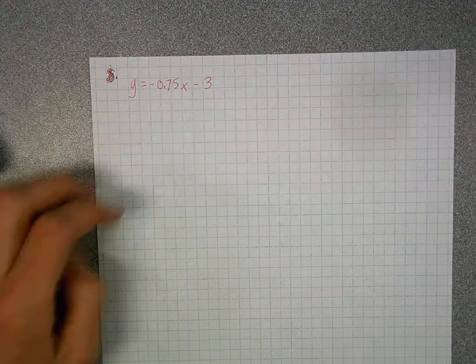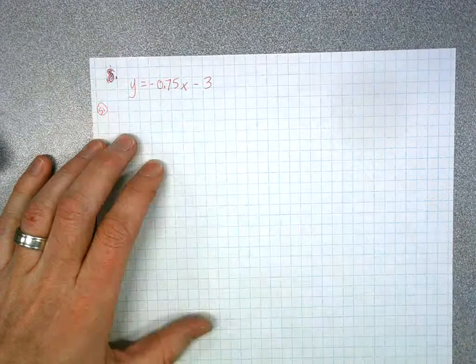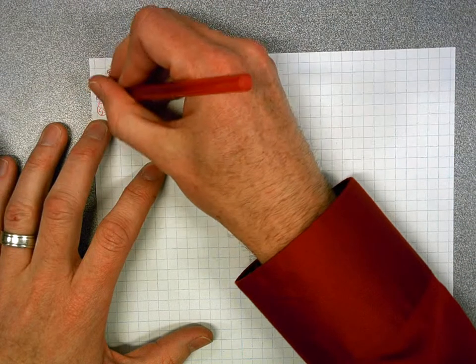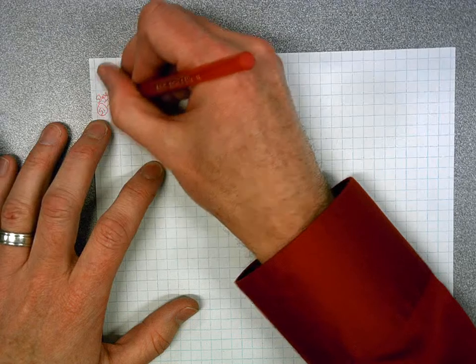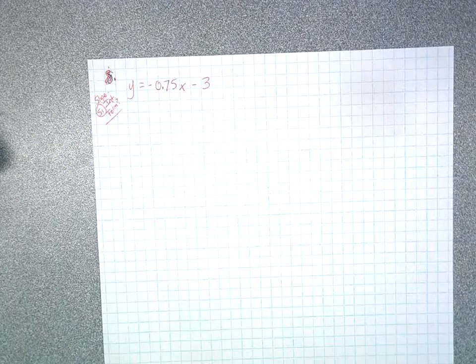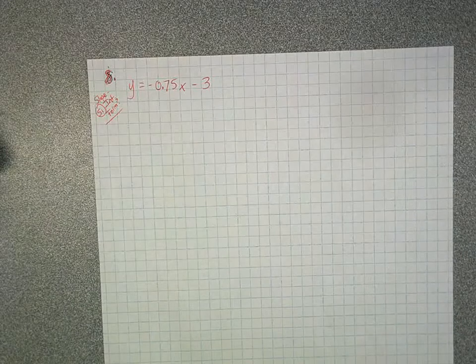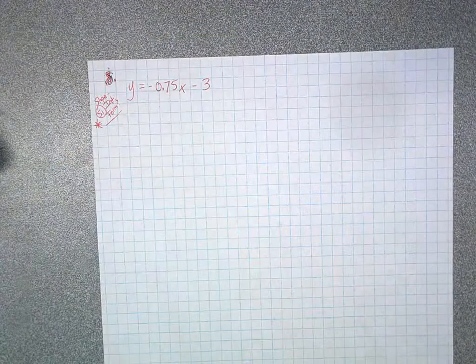All right, so here's what we're going to do. For our note purposes, step 1 is ask yourself, is this in slope-intercept form? Is it? Yeah. However, let's put a little star by it because it is and yet it's not.